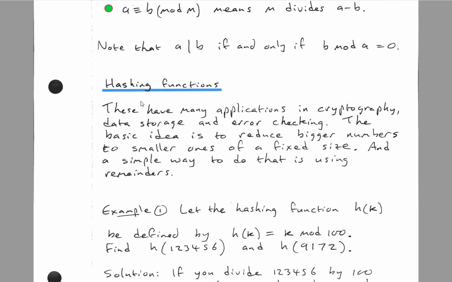The first topic is hashing functions, and these have applications in cryptography, data storage, and error checking. You will see an example of that later as well, with check digits.